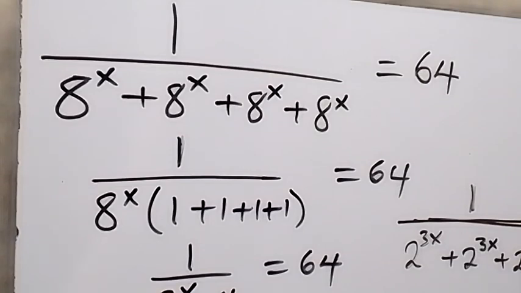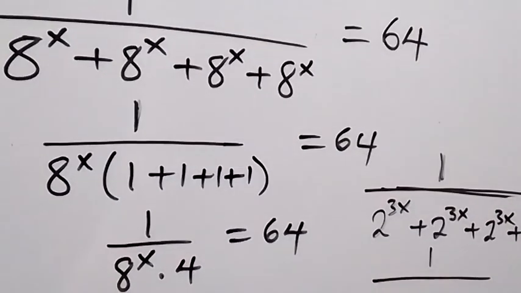And from here, when we substitute the value of x to be minus 8 over 3, this is the same thing as 1 over, this is equal to 64. So we want to confirm whether this here will give us 64.